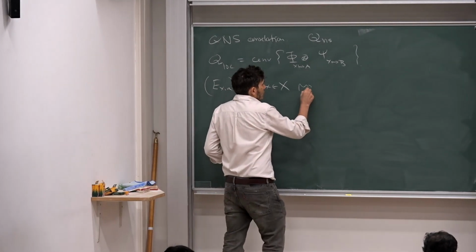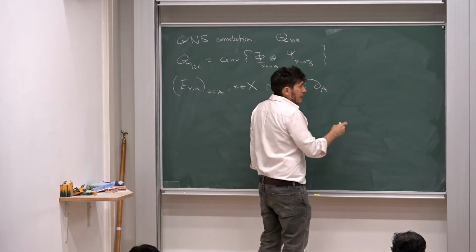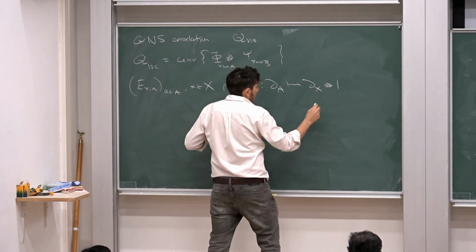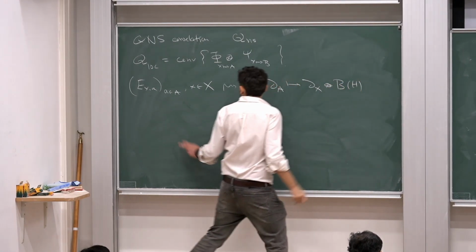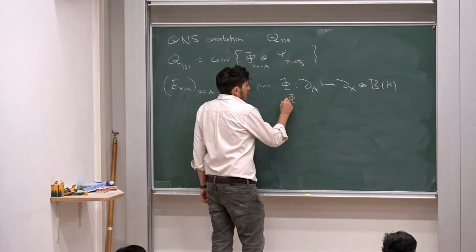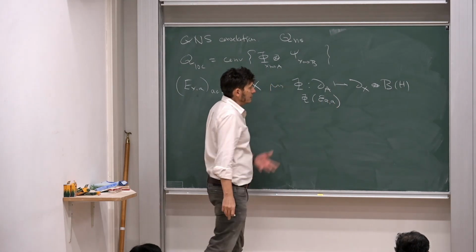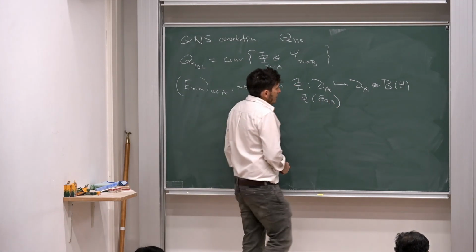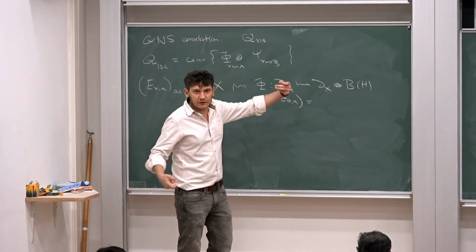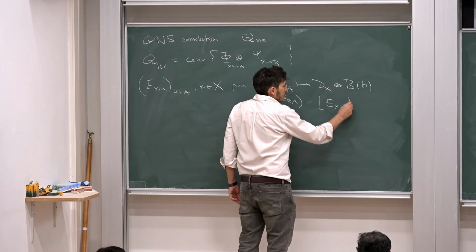This family gives rise to a map from the diagonal algebra over A to the diagonal algebra of X tensored with the corresponding B of H, where these operators live on H. In the way that, of course, if you have just a matrix unit in the diagonal, you will map this into a diagonal block operator matrix, which will be composed by the corresponding E_{x|a} over X.